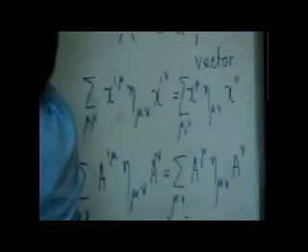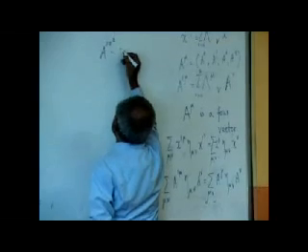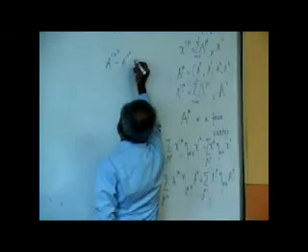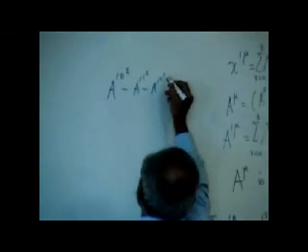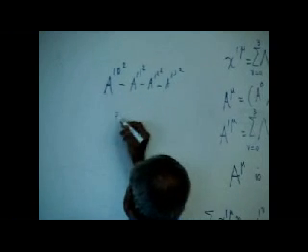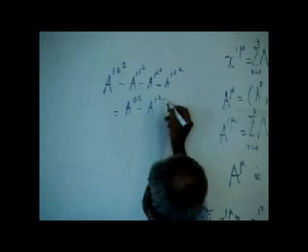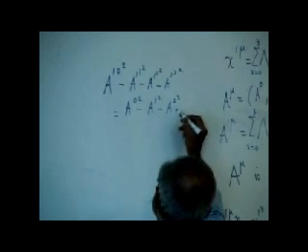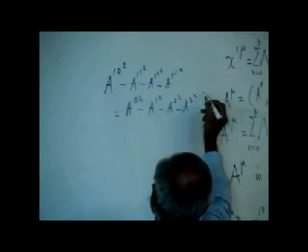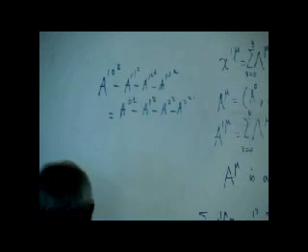This is a very important equation: A prime 0 squared minus A prime 1 squared minus A prime 2 squared minus A prime 3 squared equals the same expression in the unprimed frame. That's the property of a 4 vector.